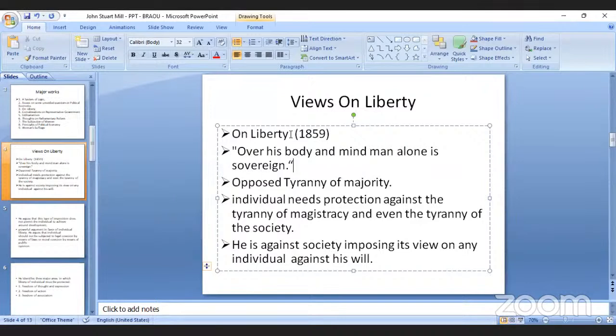So as per him, the individual person is sovereign over his own body and mind. Man alone is sovereign. So this statement tells us there is no sovereign authority over the individual. So he is the sovereign authority himself.